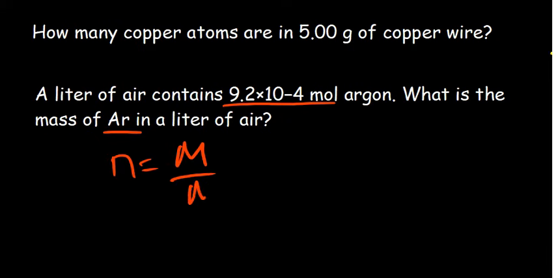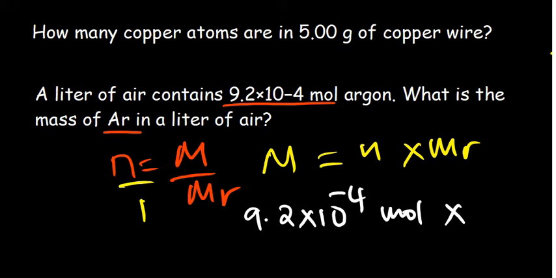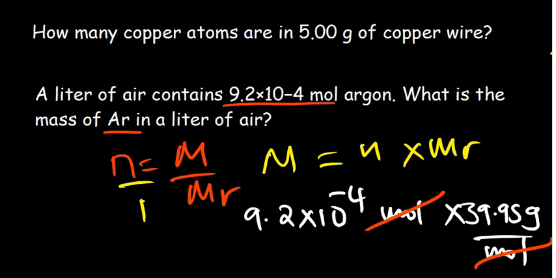So if you decide to make the mass the subject, it will be mass is equal to the product of number of moles times the molar mass. So the number of moles, ladies and gentlemen, has already been given to be 9.2 times 10 to the power negative 4 moles. Molar mass, if you check your periodic table, you find that argon has got a molar mass of 39.95 grams per mole. So the moles will cancel out, so that you basically remain with the grams on top.